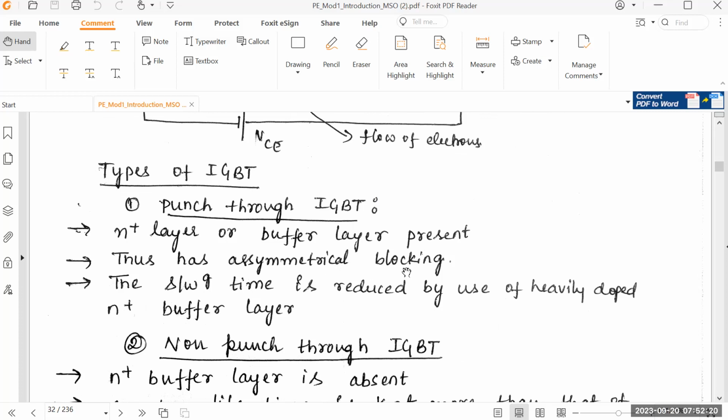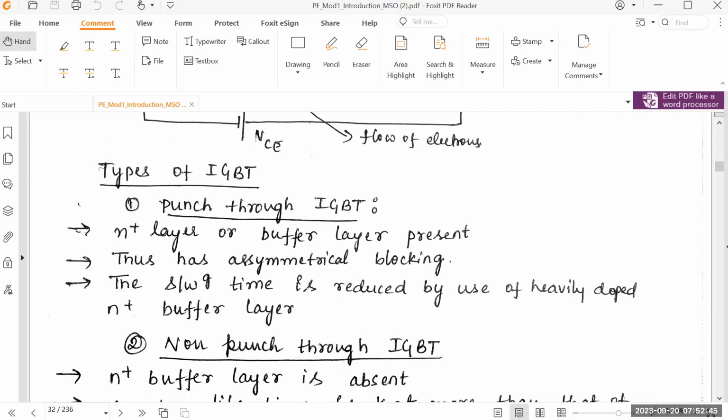It is very clear in the BJT concepts. We talk about the forward blocking voltage and reverse blocking voltage there. Thus it has asymmetrical blocking. And the switching time of this is reduced by the use of a heavily doped N plus buffer region. So this is about your punch through IGBT.